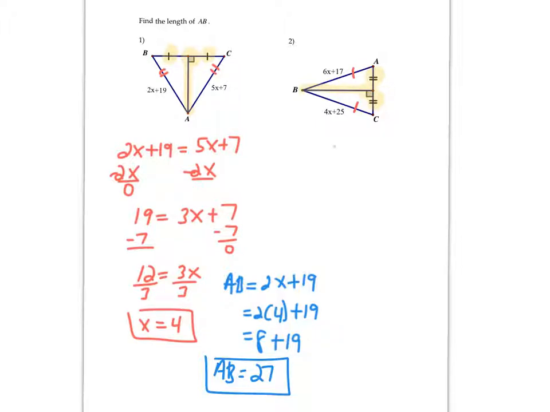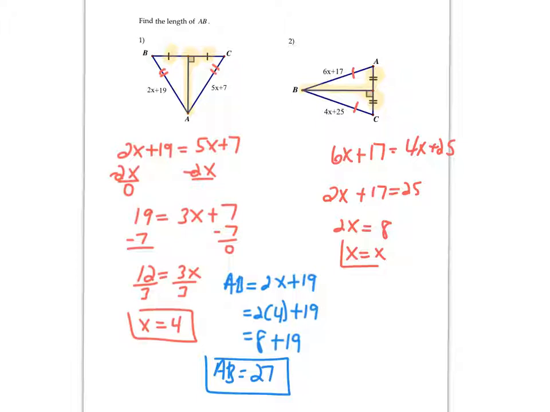So we can set 6x plus 17 equal to 4x plus 25. So subtract that 4x from both sides. We get 2x plus 17 equals 25. Subtract 17 from 25 to get 8. Divide by 2, we get x equals 4.